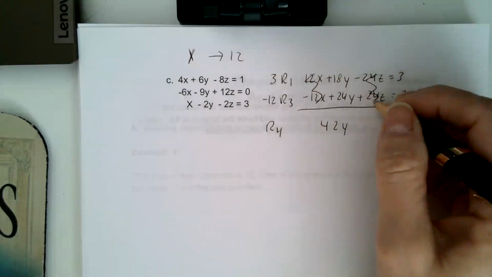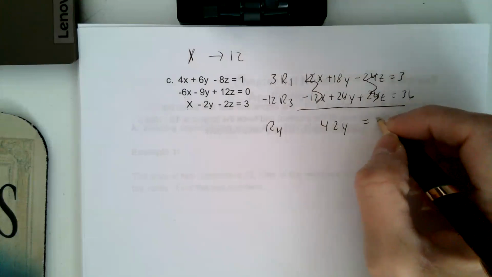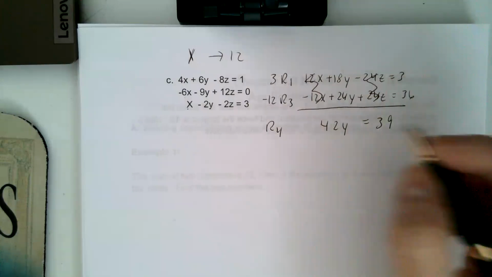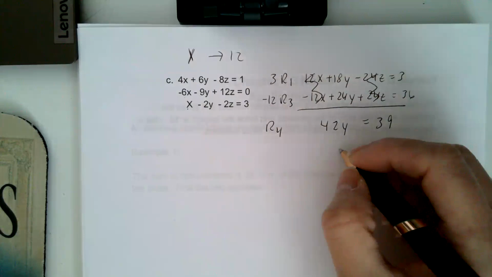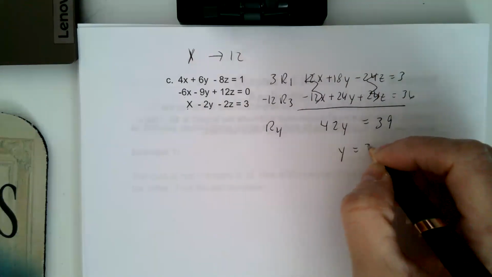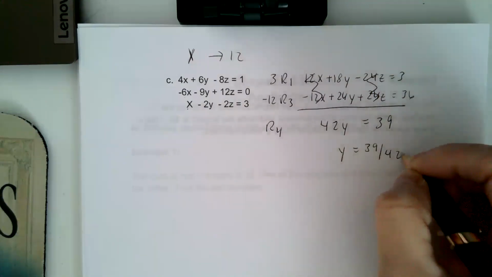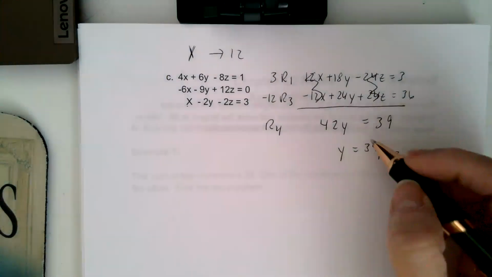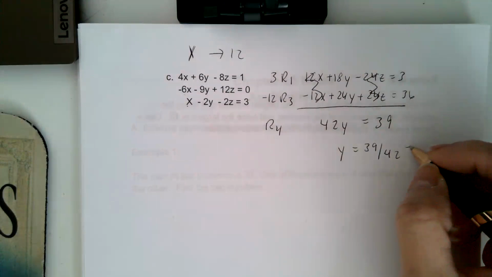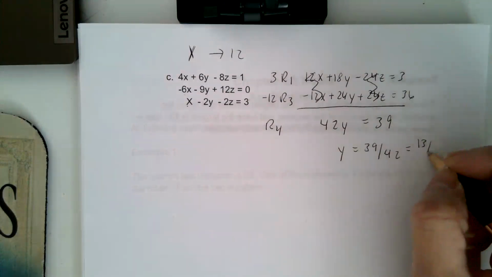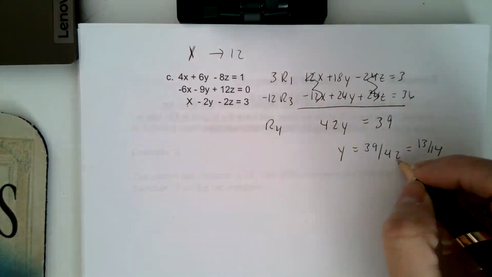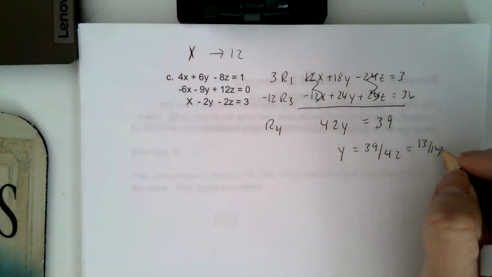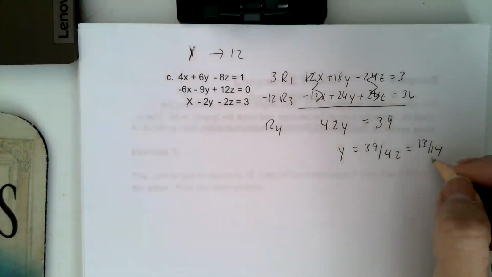Oh, and my Z's eliminate, and I get 39. Okay. So that means I can solve for Y and reduce by 3, and I get 13 over 14.